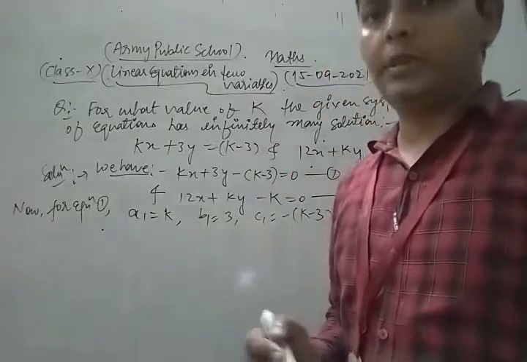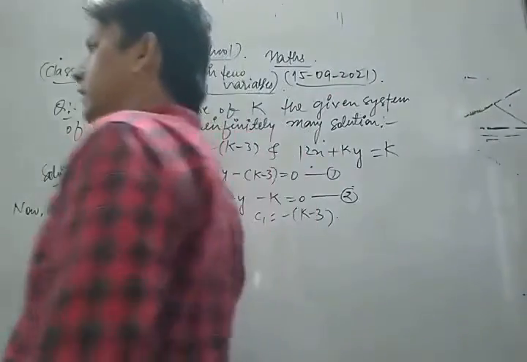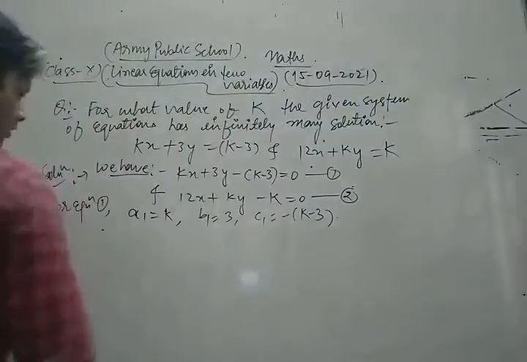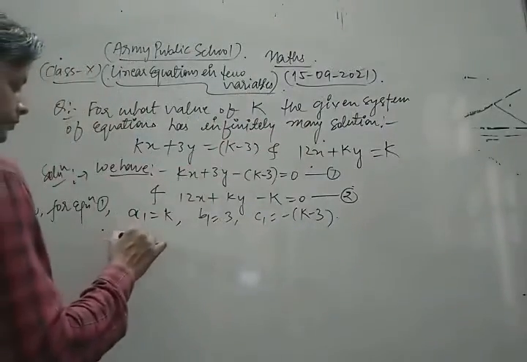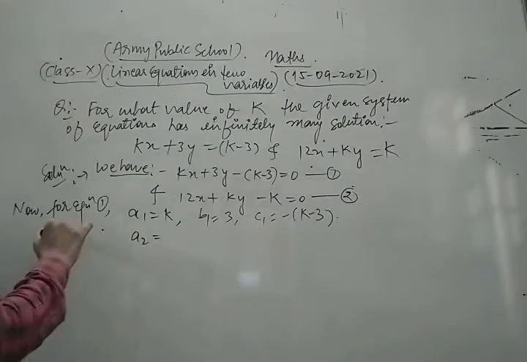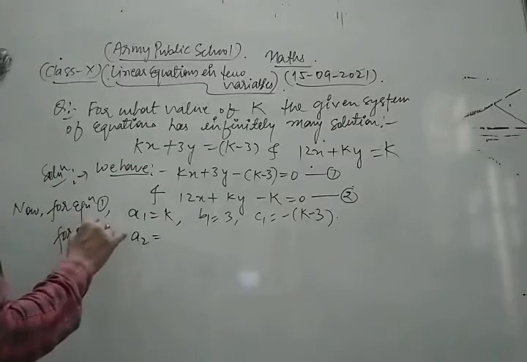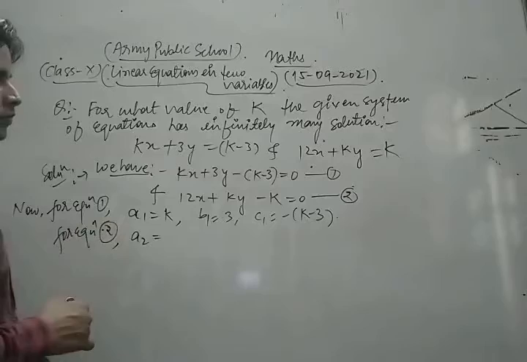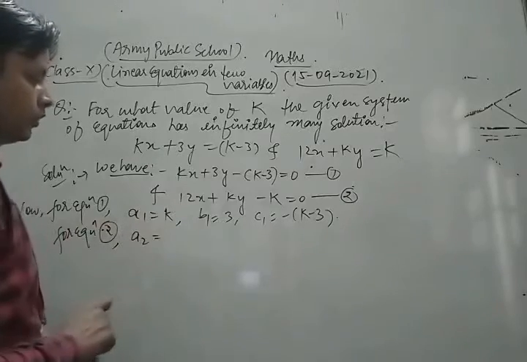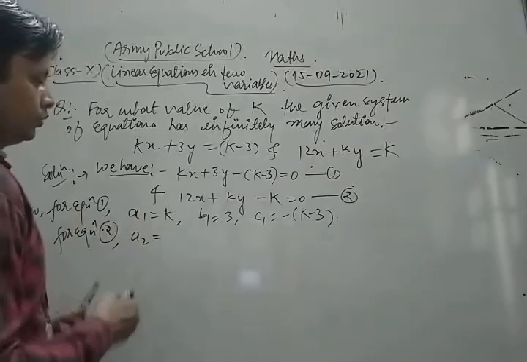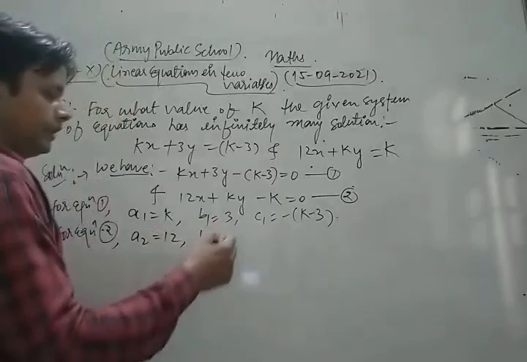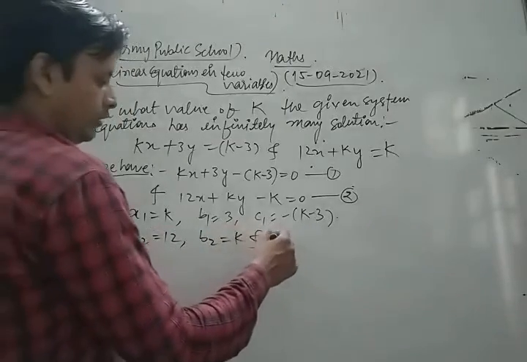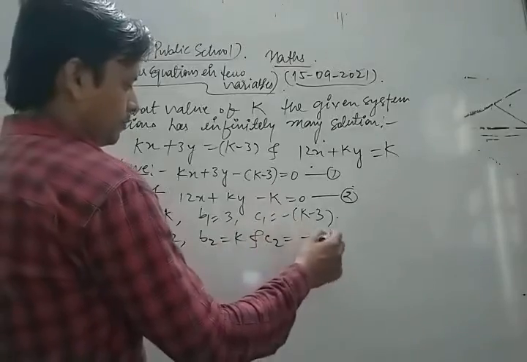This means first we compare the given equation with the standard form of the linear equation to get the values. And for equation 2, the value of a2 is 12, the value of b2 is k, and the value of c2 is minus k.